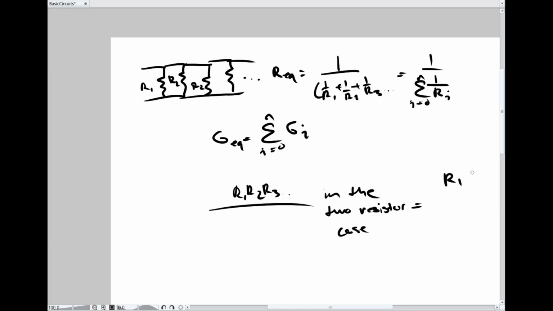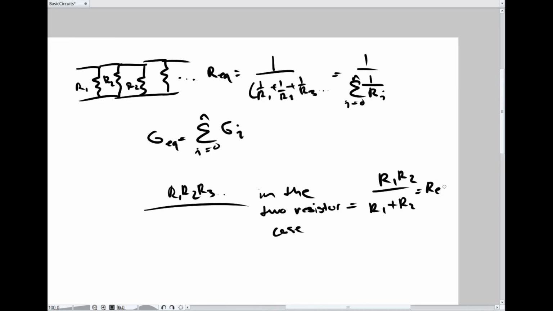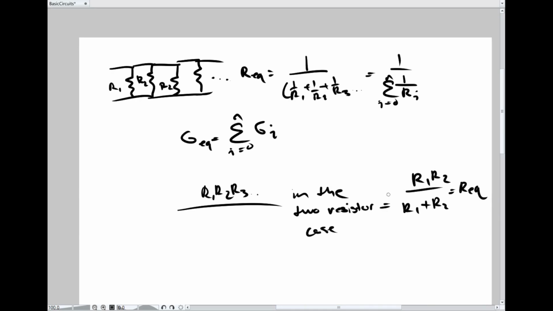It says Req is R1 times R2 over R1 plus R2. That is product over sum. I don't really like this because, again, it doesn't really scale well to arbitrarily many resistances.